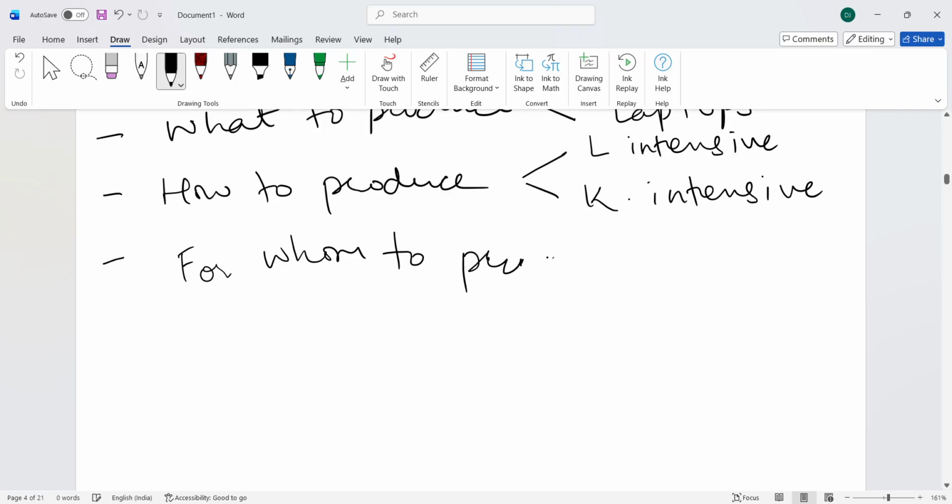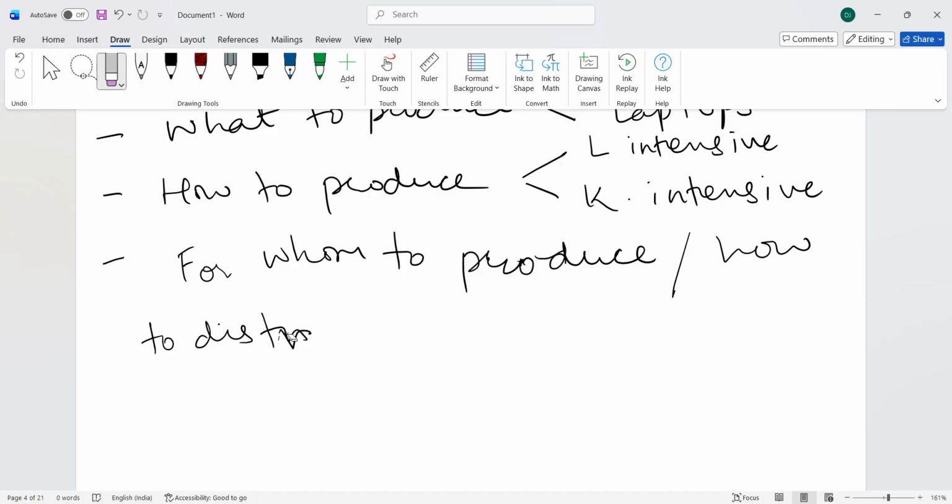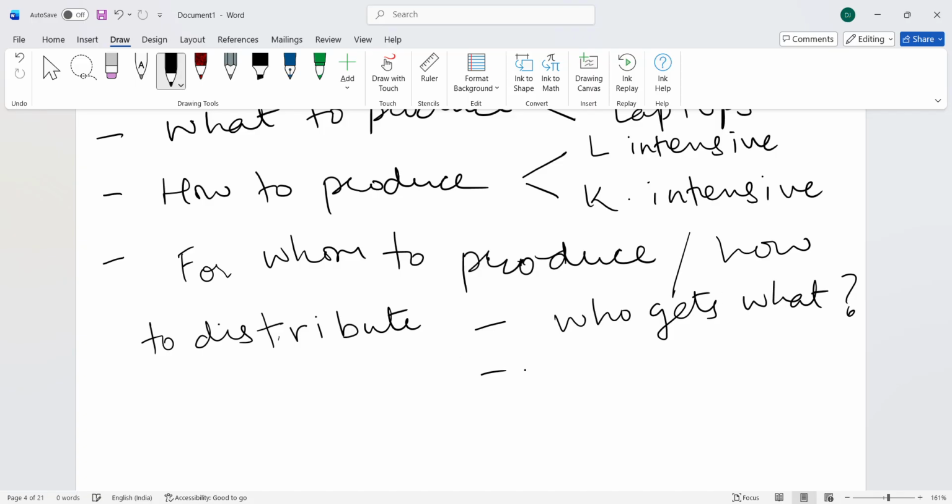Basically, how the distribution should be done, how to distribute the final goods and services: who gets more, who gets less, who gets what.